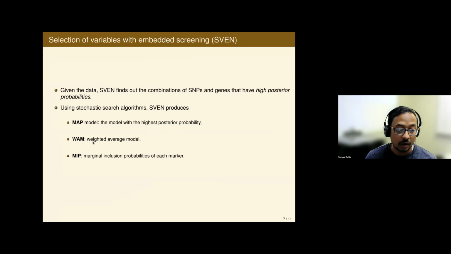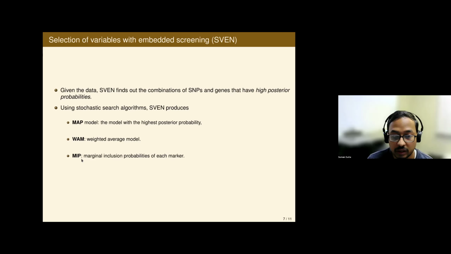It says you look at the posterior probabilities of each of these possible models, and you weigh each model by its posterior probability and add them up. That's a weighted average model.